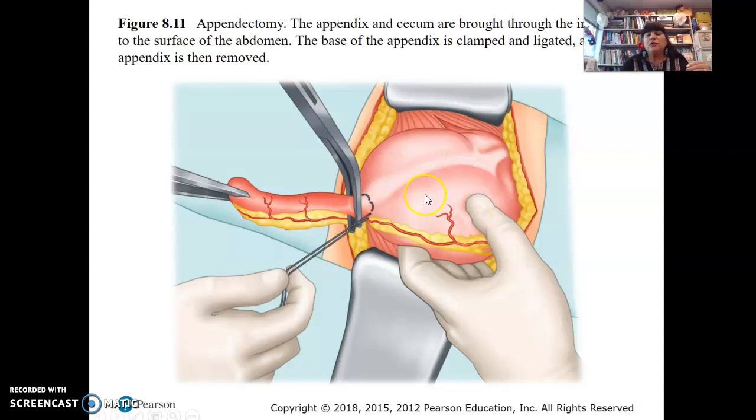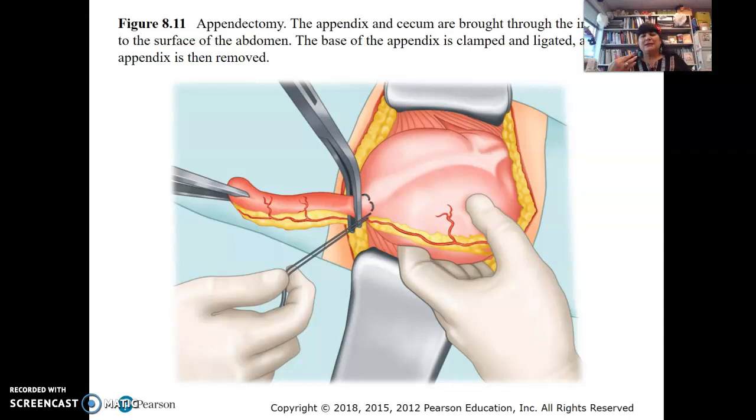So here, the feces are in here, right? But if the appendix gets damaged and bursts, now the feces goes into the abdominal cavity, and now a person is at risk for sepsis, and they could die from that.